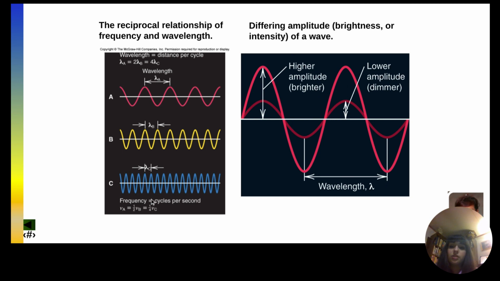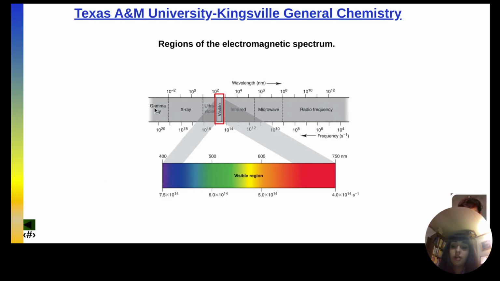So showing us our frequency is cycles per second. So say that this is a second, this is a second, and this is a second. We see that our wavelengths are extremely different over the two wavelengths.